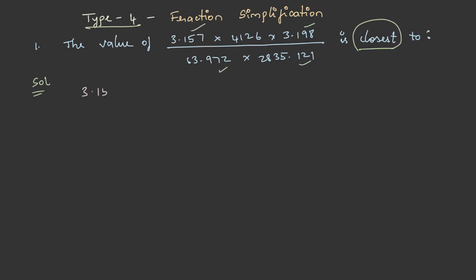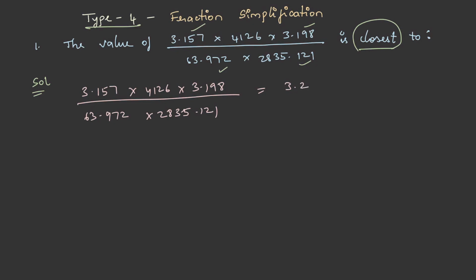So 3.157 into 4126 into 3.198 by 63.972 into 2835.121 is what is given. Let's write their nearest values, that is 3.2 into 4126 into 3.2 here as well, and 64 here, and 2835 here.